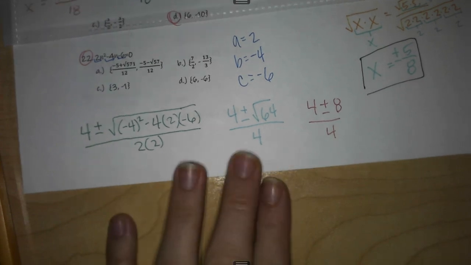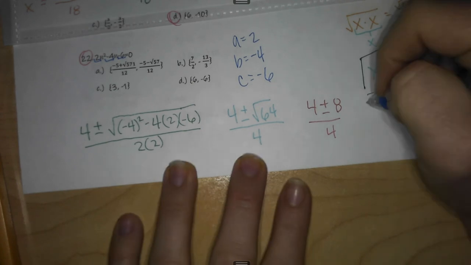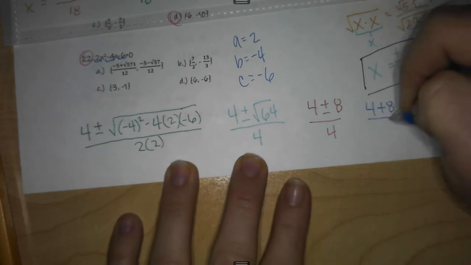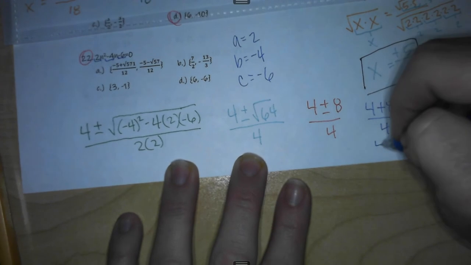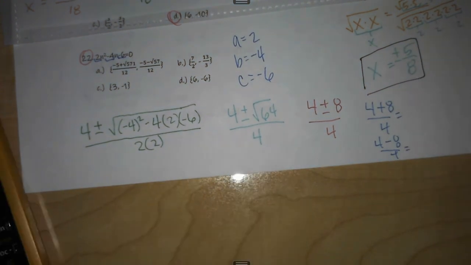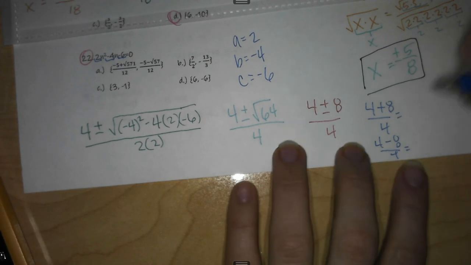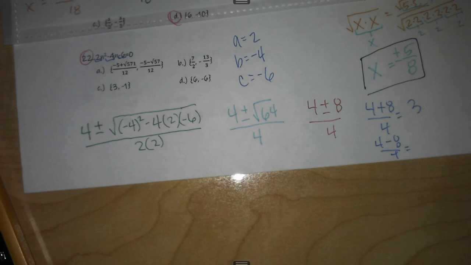And I can go ahead and do each of those now. I can do 4 plus 8 divided by 4. That's going to give me 1 x, and 4 minus 8 divided by 4, and that's going to give me another x. So 4 plus 8 divided by 4 is 3.